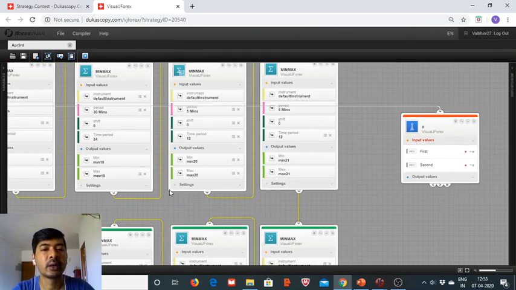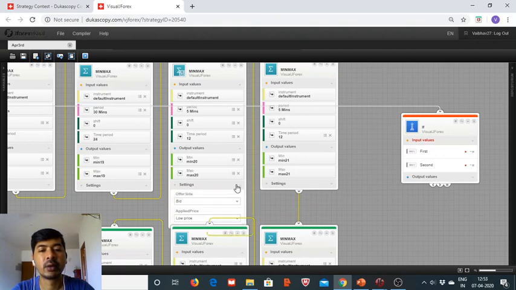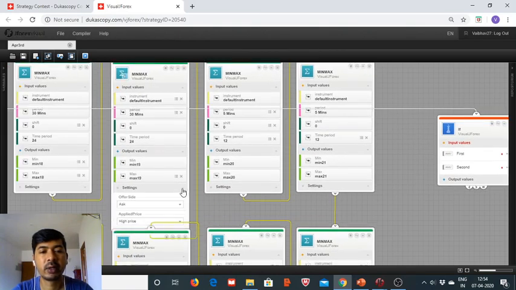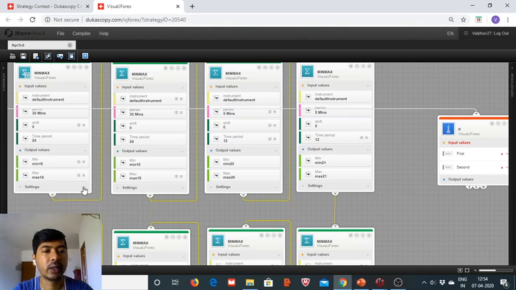So we take the bid side low price minima. This is 5 minutes. We need this one. Ask side, we want bid side. Okay, we got it.